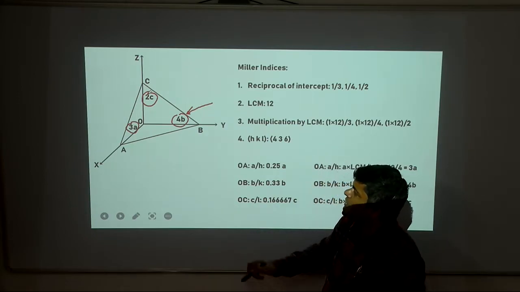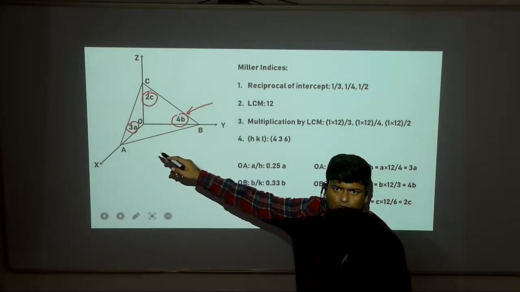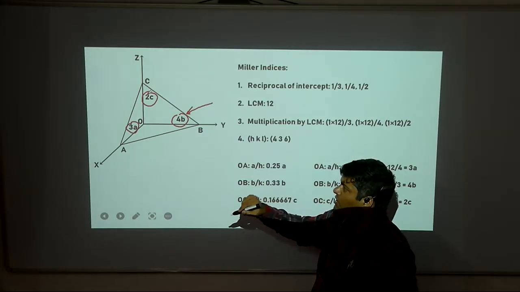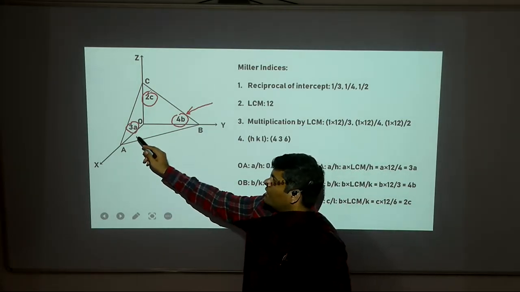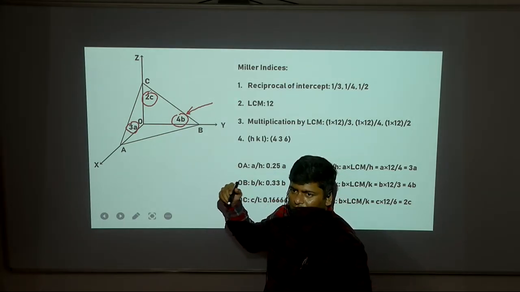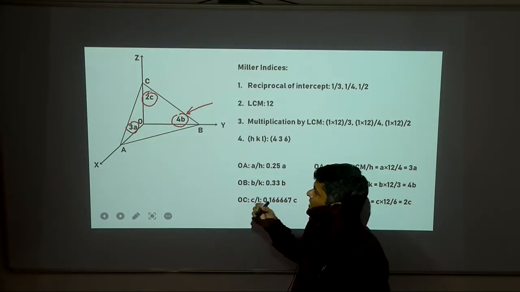Firstly, for this plane, as we know the intercepts, we can find the Miller indices, and then we will understand how OA, OB and OC become a upon h, b upon k, and c upon l.